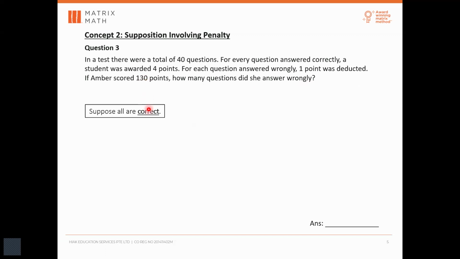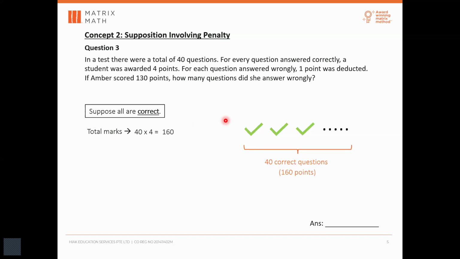Okay, if you suppose all of them are correct, how many points would it be? 40 questions. Every question that is correct is worth 4. So the first step to find the total points would be 40 times 4. I get 160 points.